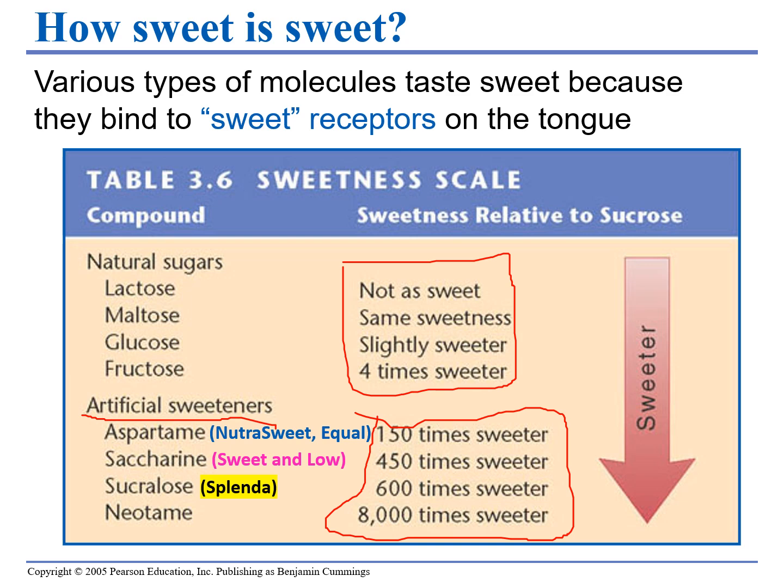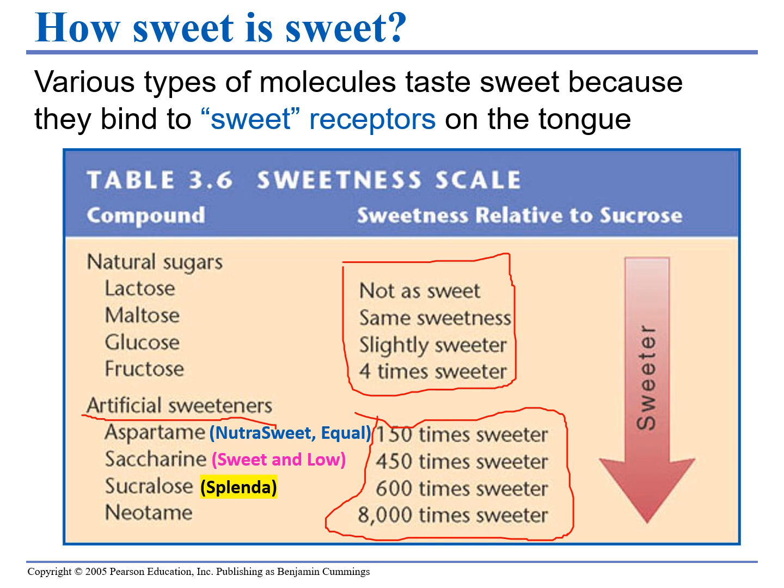Aspartame is found in NutraSweet, and is a sweetener. Saccharin is in Sweet'N Low, so that's also a sweetener. Splenda is another one, and neotame is very sweet. And we notice it is 8,000 times sweeter than sucrose. A very little amount can get really sweet.